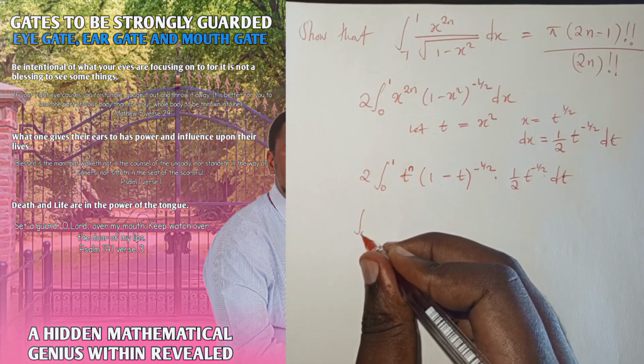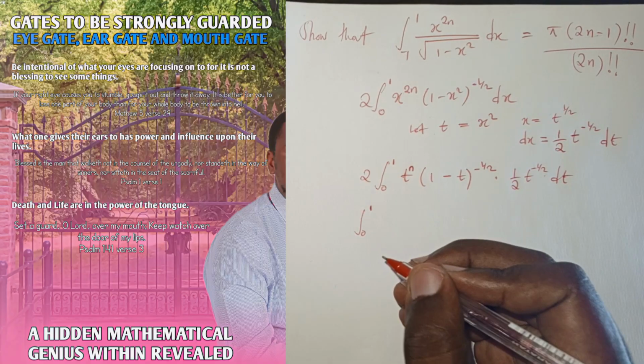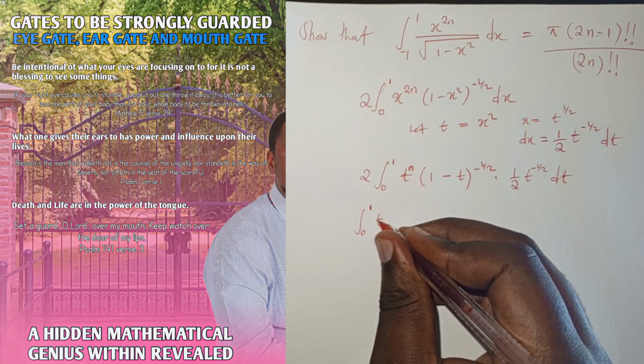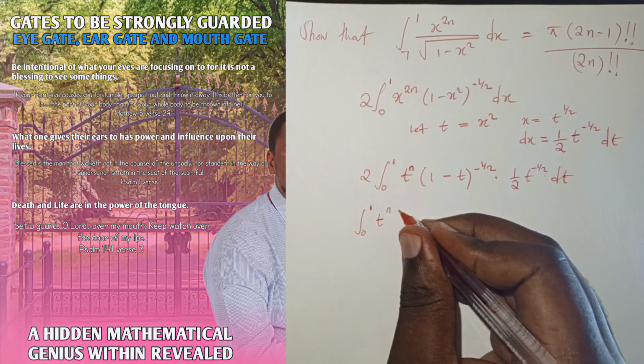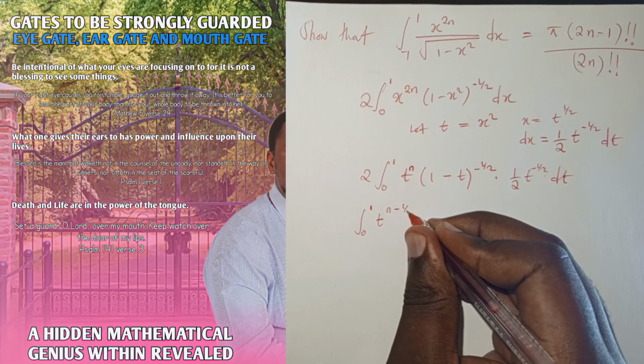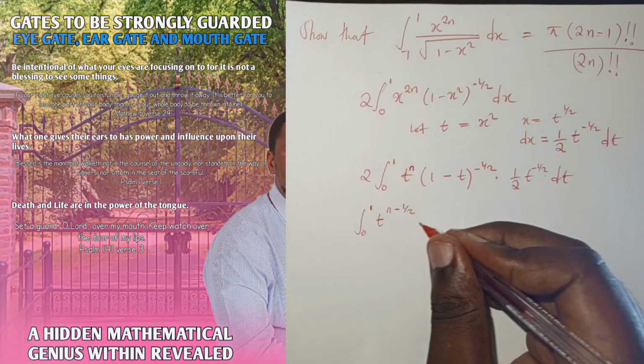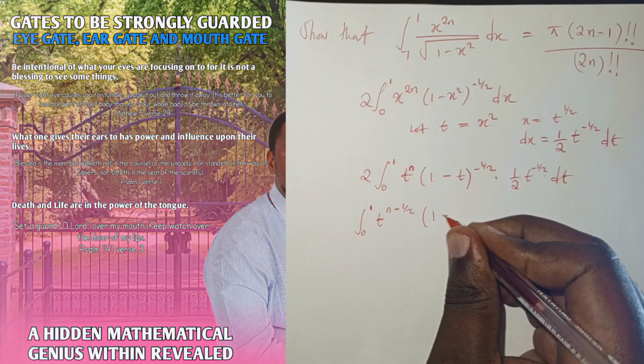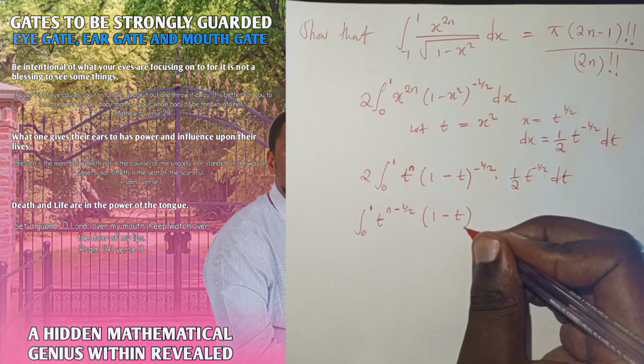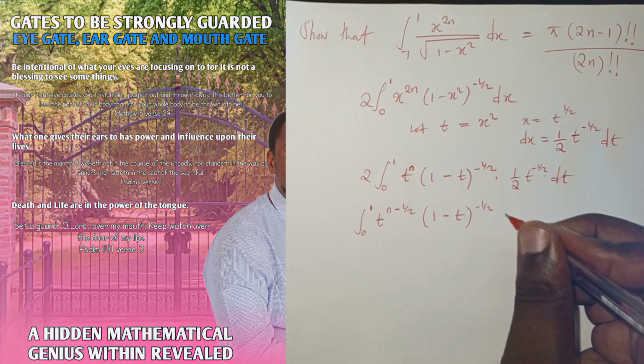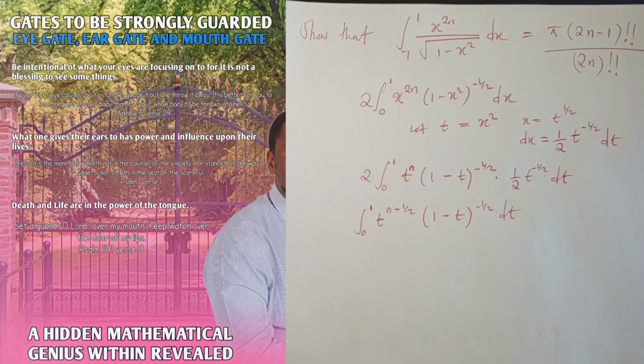Okay, so we have integral from 0 to 1, then t to the power n minus 1 over 2, then we have 1 minus t to the power minus 1 over 2 dt. Okay, so this is in a beta function form.